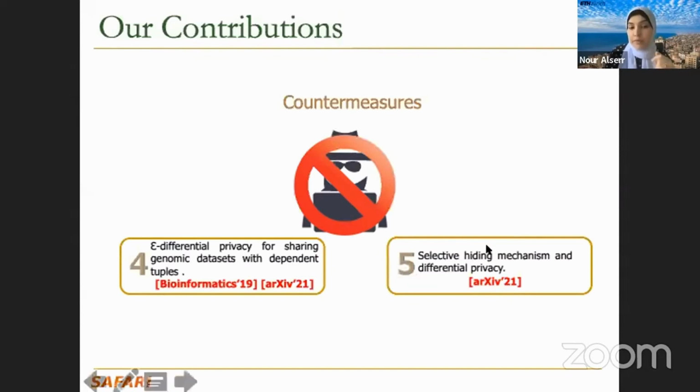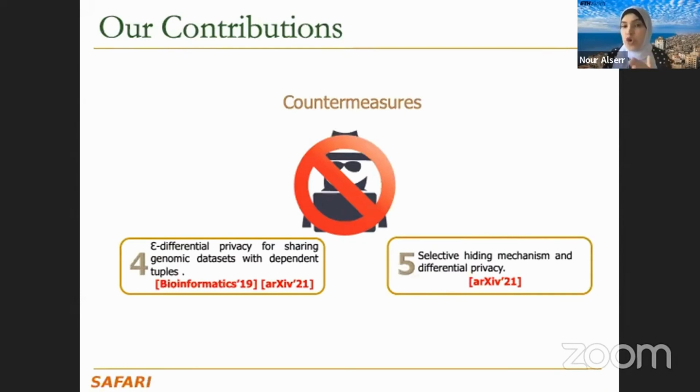The other countermeasure is that we are not touching the differential privacy mechanism. We are working on the data set itself. We are trying to hide some SNPs. We can find some sensitive SNPs which can reveal the kinship relationship or the relativeness between participant A and participant B. Then I can hide this SNP.